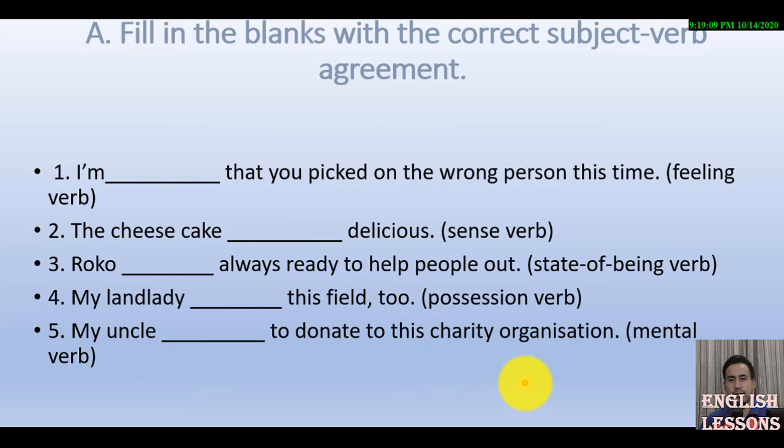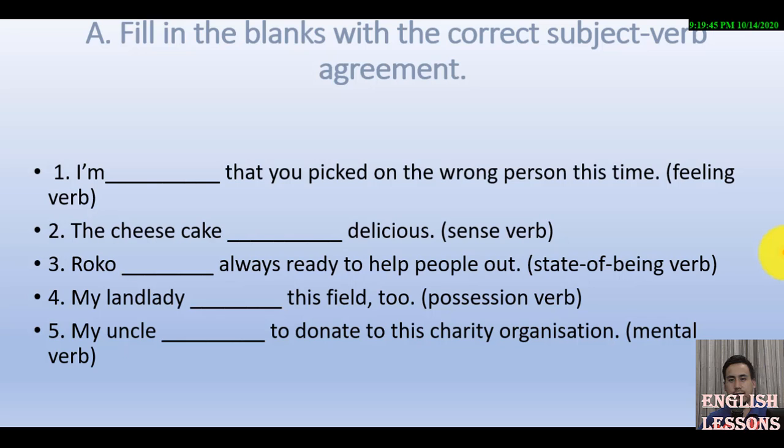Fill in the blanks with the correct subject verb agreement. Let's look at this. I blank that you picked on the wrong person this time. So find a word which comes under filling verb. Remember, we have action verbs, mental verbs, state of being verbs, and possession verbs.